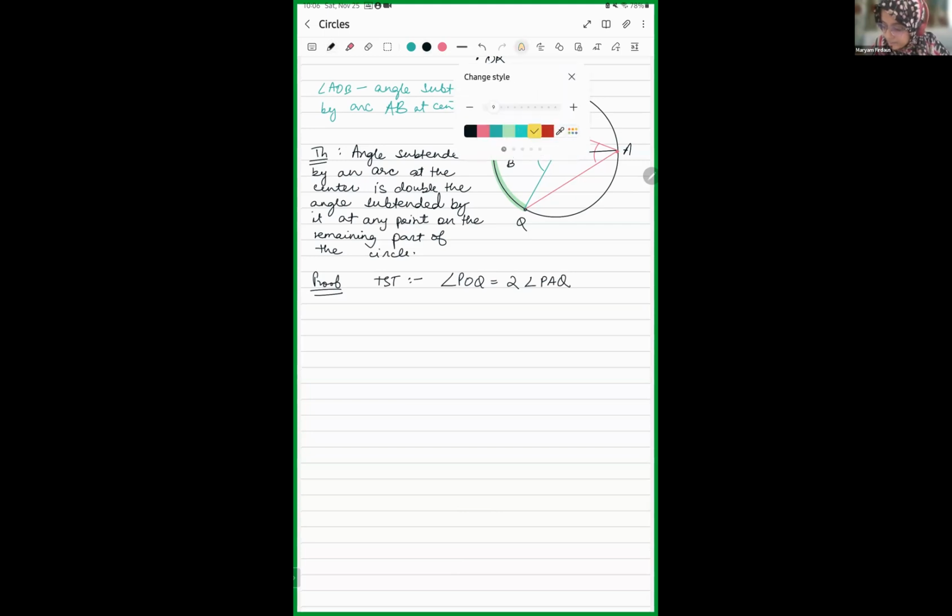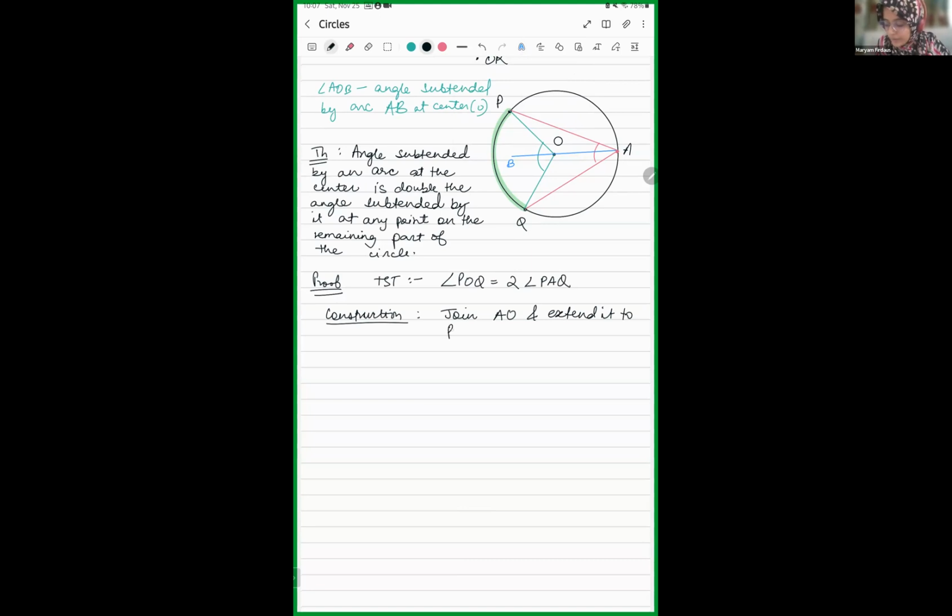Wait a minute. Construction: join AO and extend it to point B. Okay.